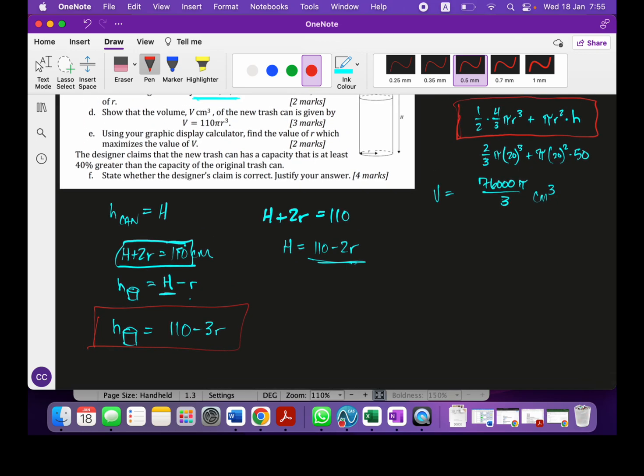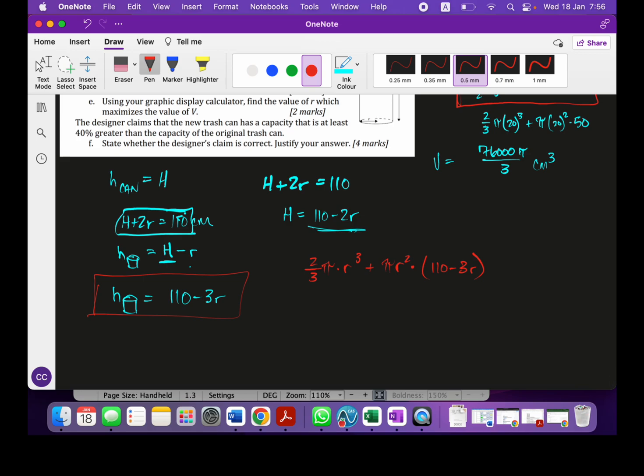So if I take that, which again is 2/3 pi times whatever the radius is cubed, plus pi r squared times 110 minus 3r.